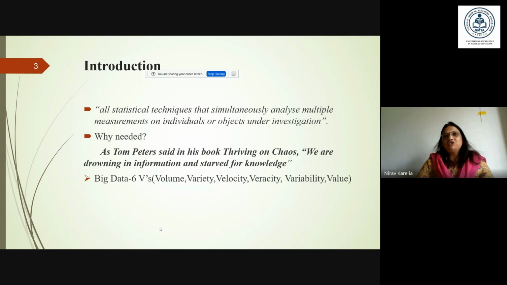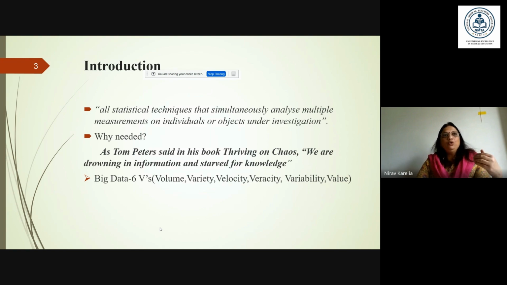The first V is volume. There is so much data available on social media. And we always say, when you mention the limitations of your research, that one common limitation is that we did this research in a small population.